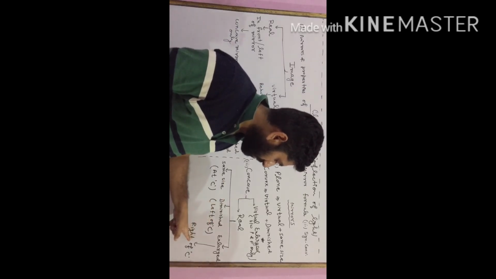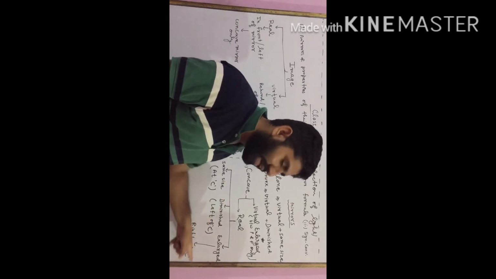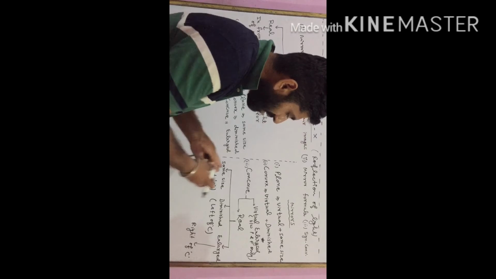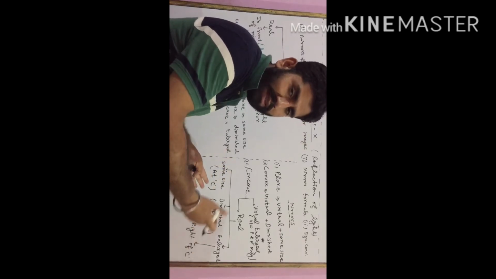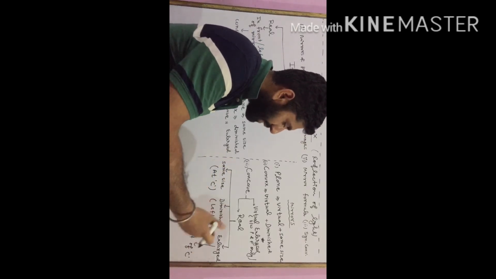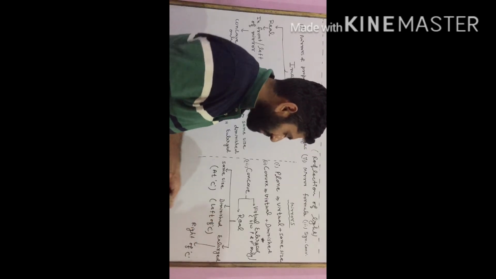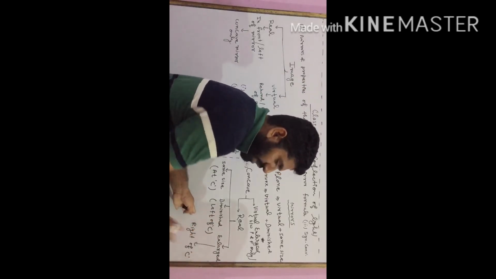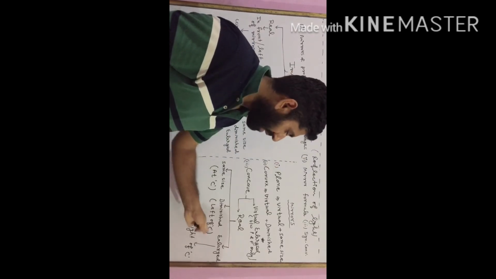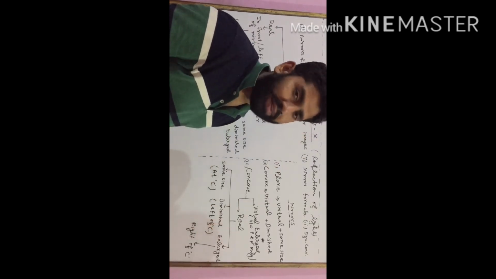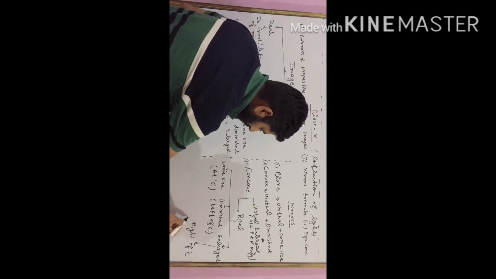And if the object is placed right of C, that means the object might be between focus and center of curvature, it might be at focus or it may be between pole and focus. Then the image formed will always be enlarged. I can show it over here.